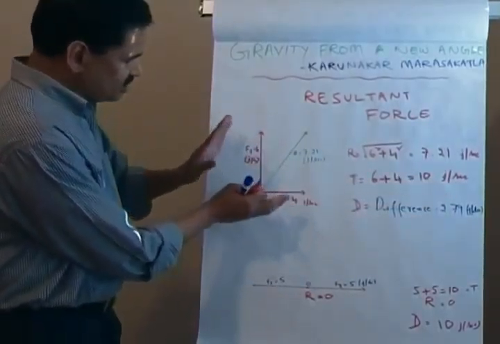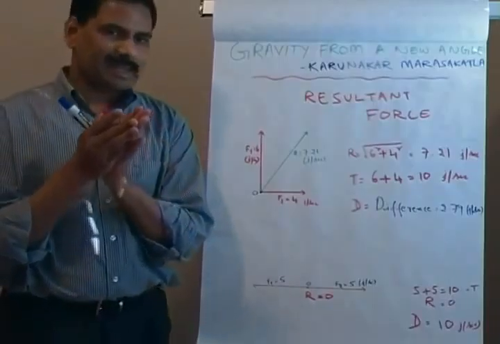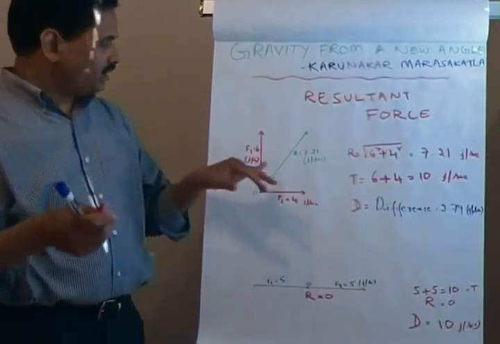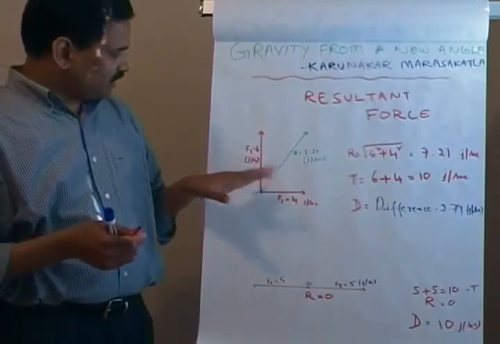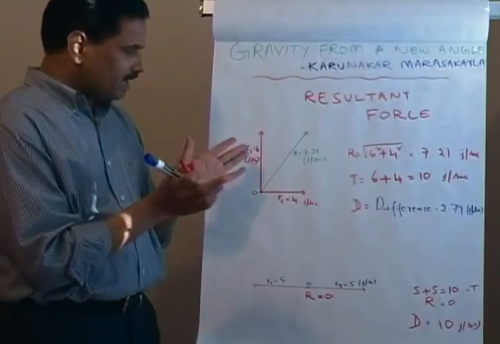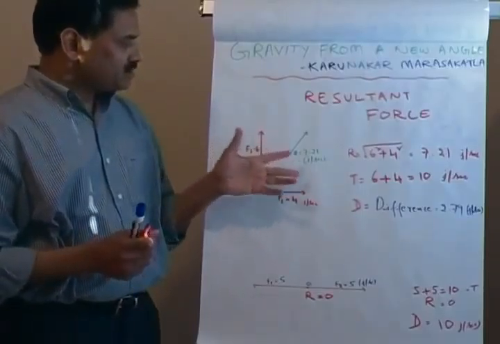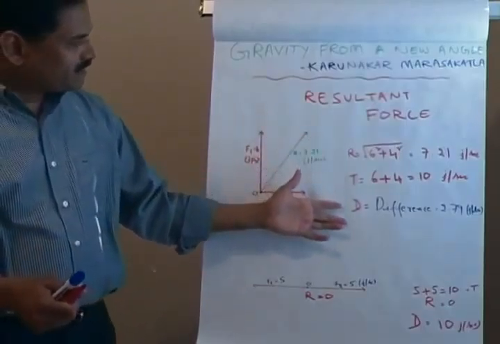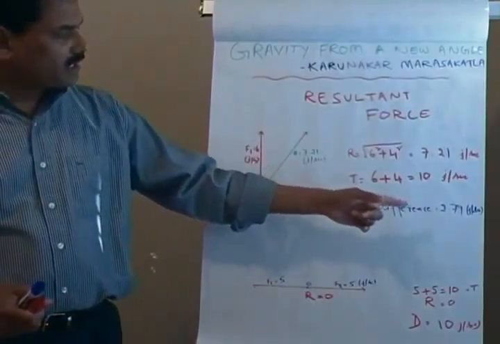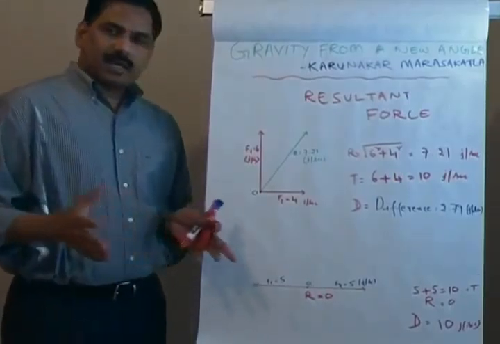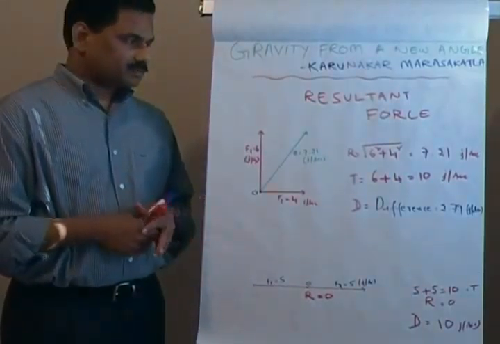These two forces are doing 10 joules of work in each second. But as a result of these two forces being at a 90-degree angle, the resultant force is doing only 7.21 joules per second. The difference of 2.79 joules per second is basically unaccounted for in this system.